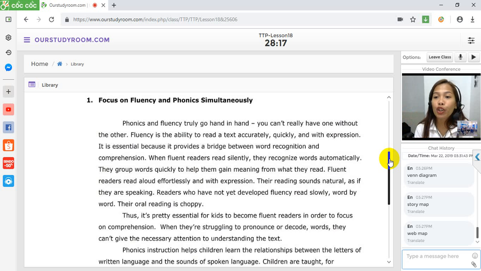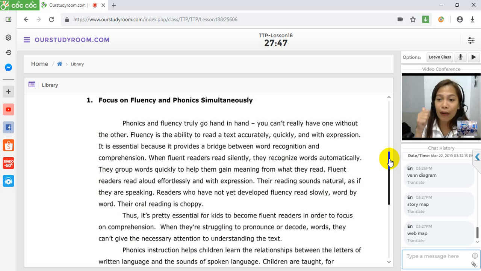If you want your students to be fluent in speaking English or in reading, you have to start by teaching them the sounds of the letters, the sounds of the words. So you have to begin at the beginning. Phonics is the beginning of everything if you want to become fluent in speaking or reading.